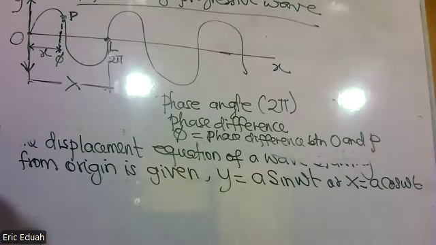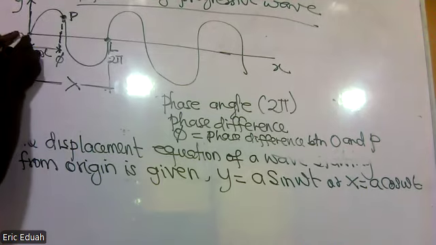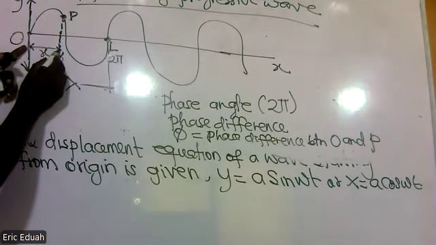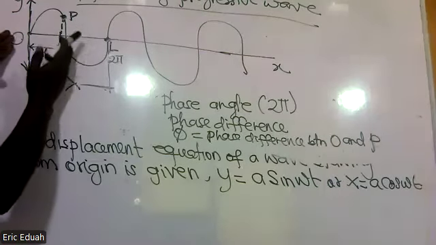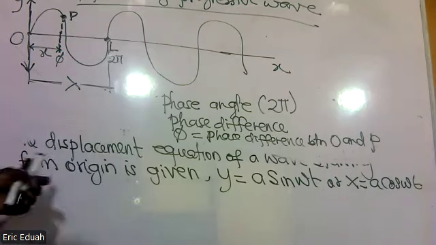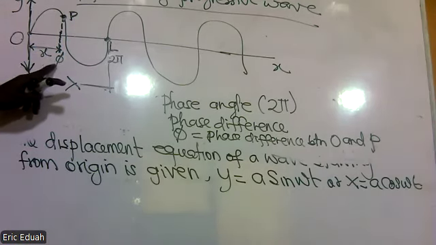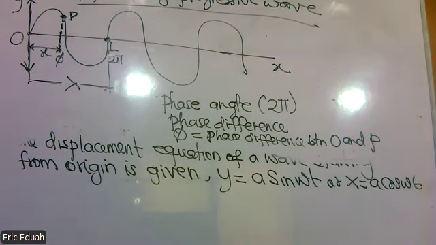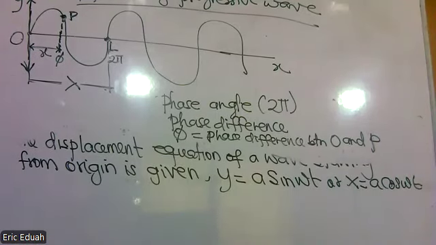Because we don't know the angle between the vibrating particle P and the origin, let's say the distance is X. Because we don't know the phase difference between O and P, let the phase difference be phi. Please, any question? All right, I'm building on.